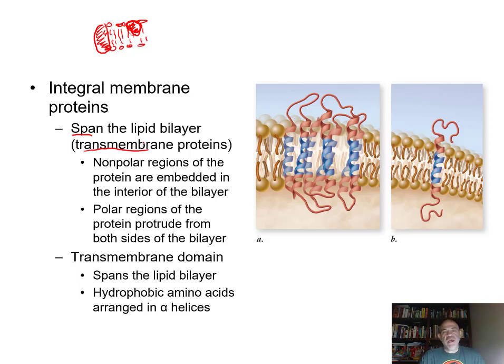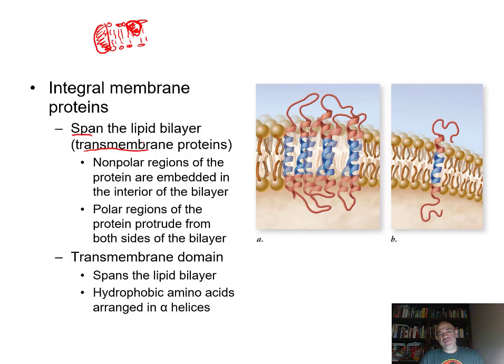Here's the bigger point, though: if you are going to look at these transmembrane proteins, they have to have polar and nonpolar natures to them. We were looking at the amino acids that make up proteins. There were 20 of them.